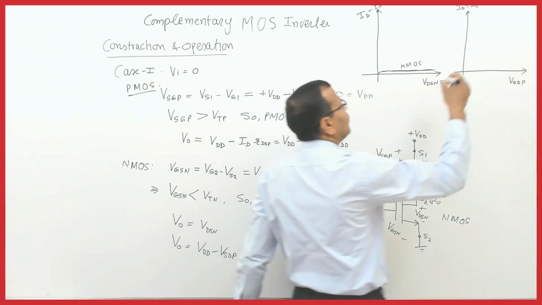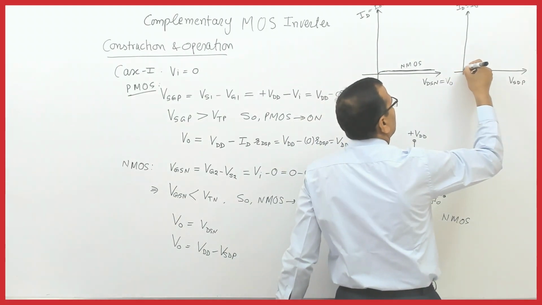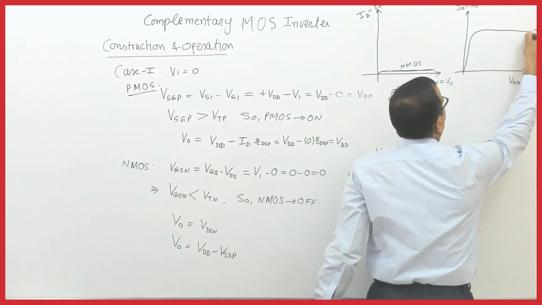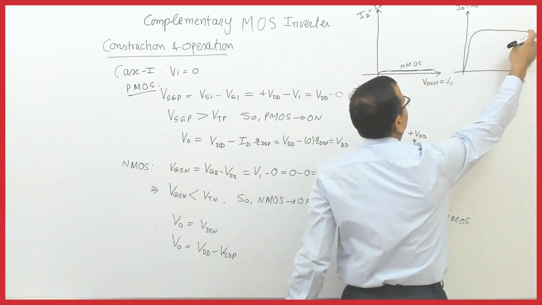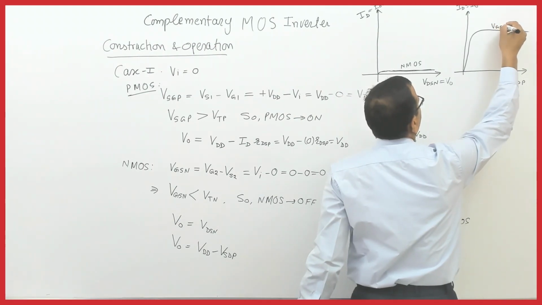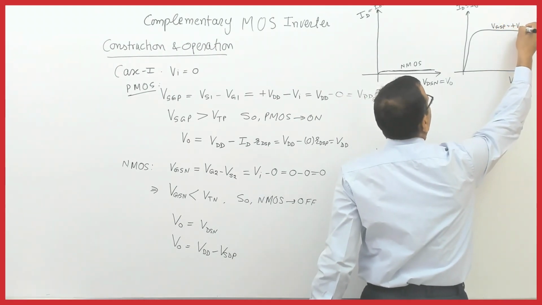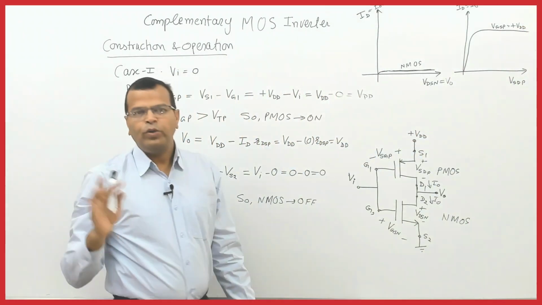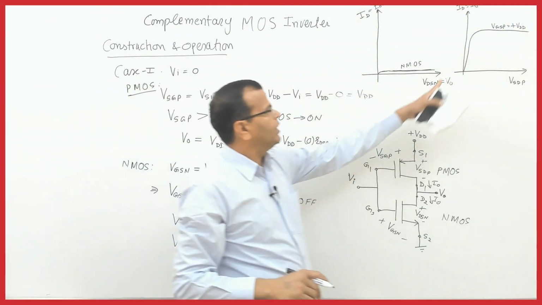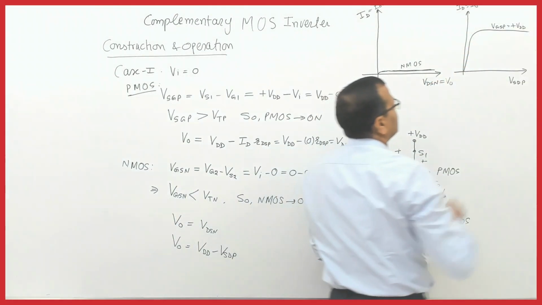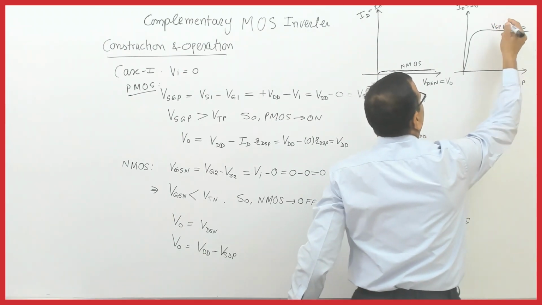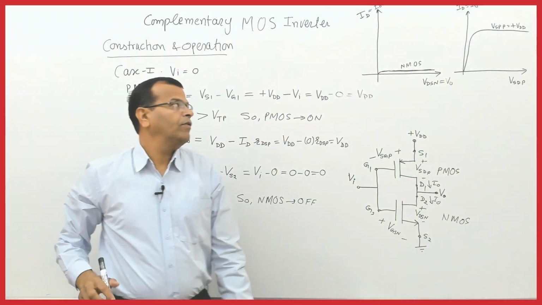When gate to source voltage is large, the drain characteristic of PMOS is like this. Why? Because here VGSP is equal to plus VDD. You can go through the characteristics of MOSFETs. When gate to source voltage here is, that is not GSP, I'll say VSGP. Fine.